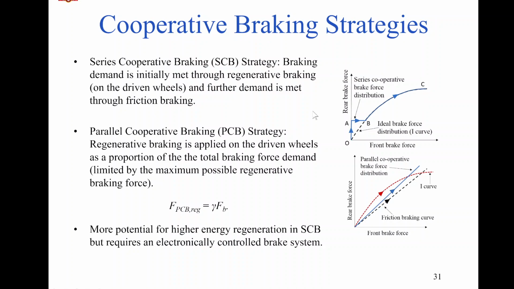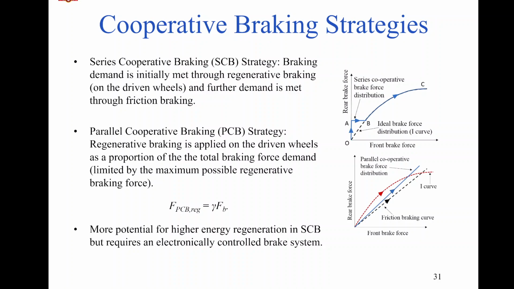Similarly, in the parallel cooperative braking strategy, regenerative braking is applied on the driven wheels as a proportion of the total brake force demanded by the driver. This is limited by the maximum possible regenerative braking force, which is taken as some factor gamma times Fp.